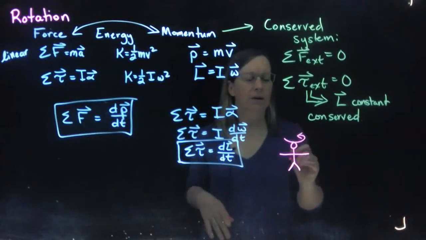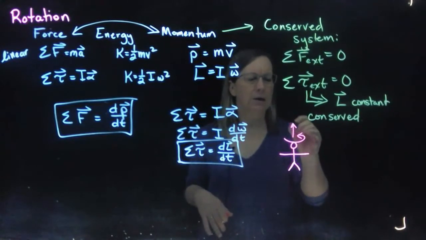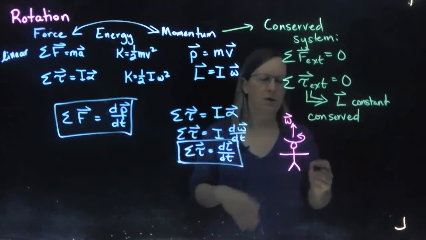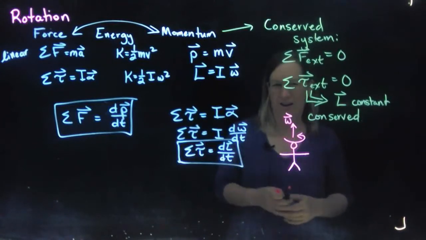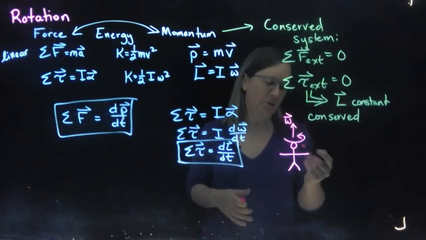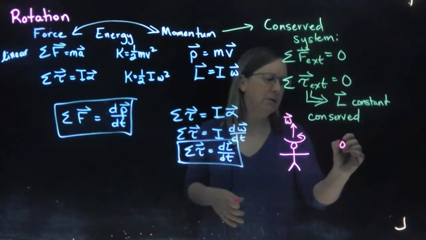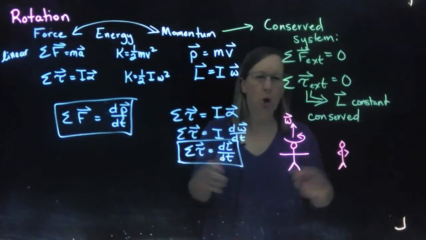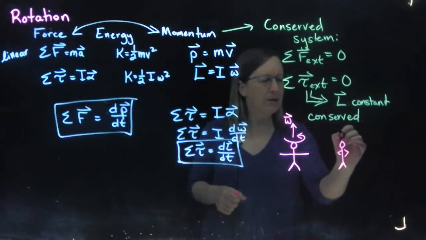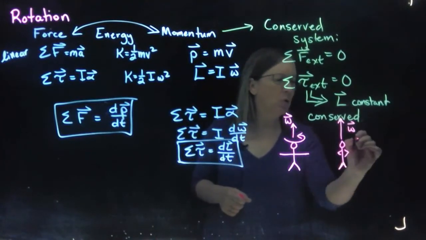So having a spinning omega, I'm going to set it up so that omega is upward. It's hard to tell which direction that circle's going, but you can use your right hand rule and set that up for yourself. And as they bring their arms in close to their body, what happens is their omega gets bigger.